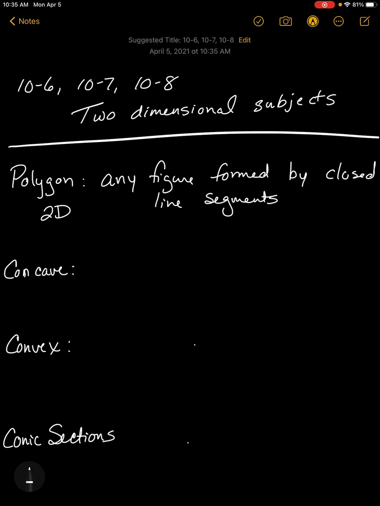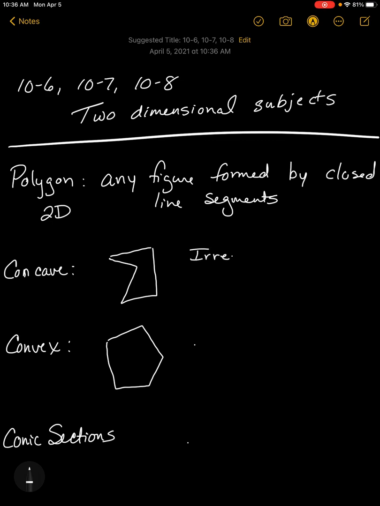So an example of a concave kind of has a part like caved in, and so that is still a polygon, but it's not a convex one. A convex one is more like that. Okay, and so like this concave one has 1, 2, 3, 4, 5 sides.